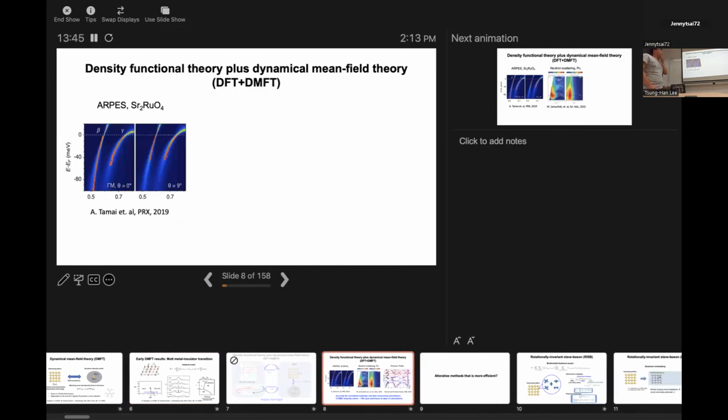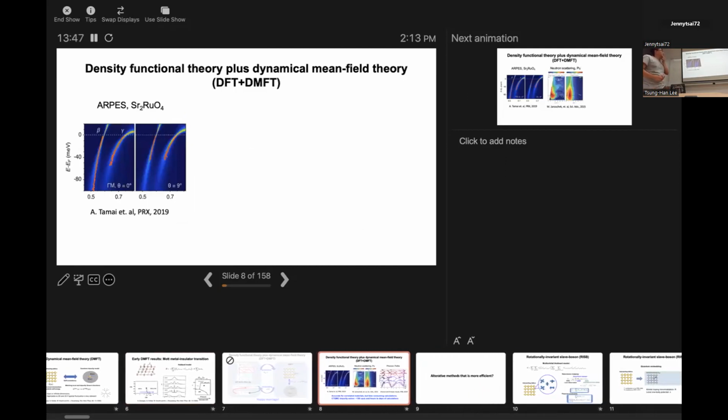So nowadays, DMFT is usually combined with density functional theory. And it is very successful if we want to study correlated materials. For example, here I show these ARPES data, which are the dots here in red, and the background is the DFT plus DMFT calculation.